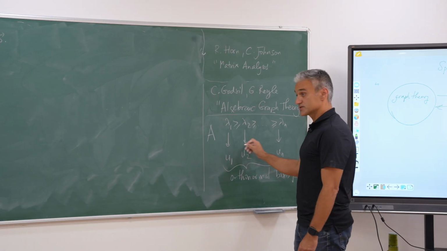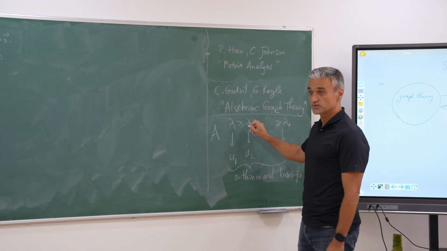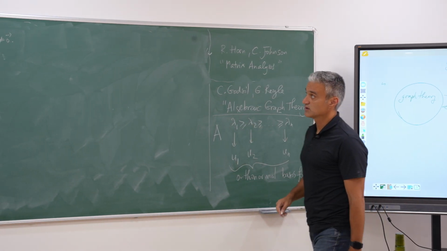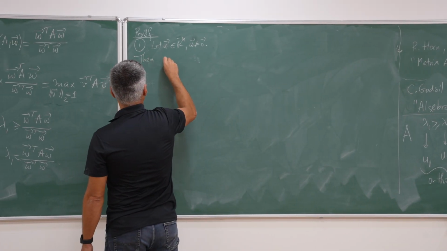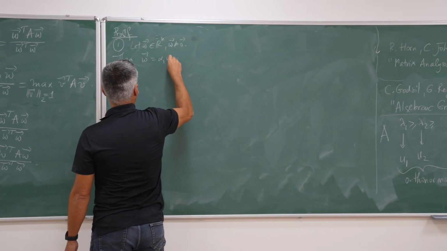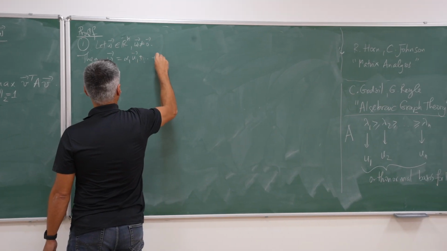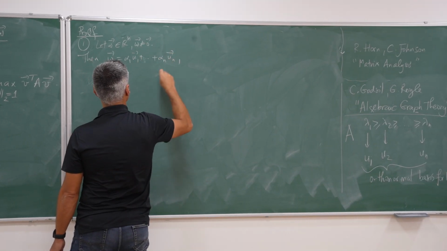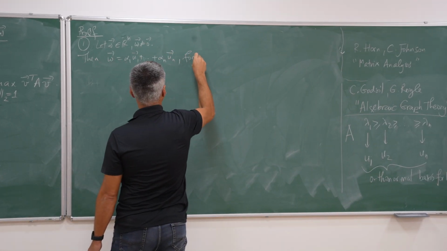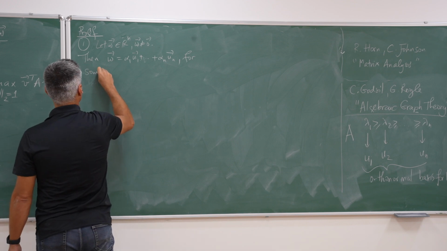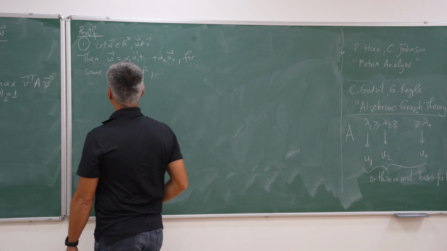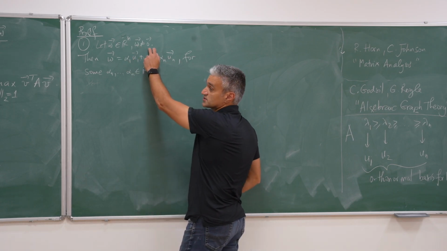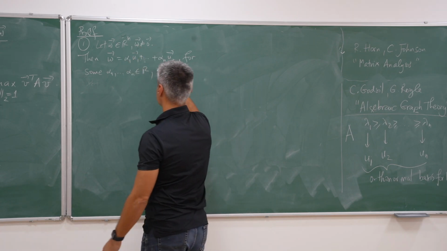All of them are eigenvectors: U1 corresponding to lambda 1, U2 to lambda 2. So if you have W here, then W is alpha 1 U1 plus ... plus alpha n Un for some reals, and because W is non-zero, not all of them can be 0.